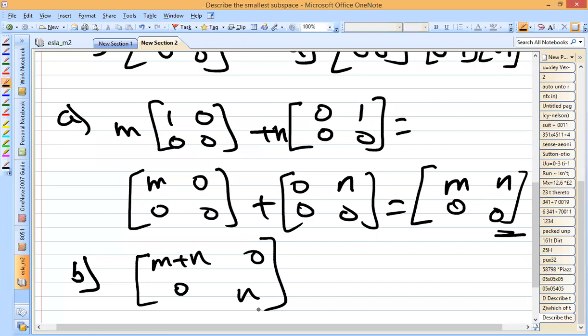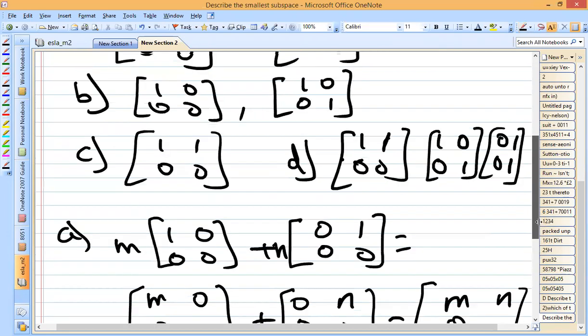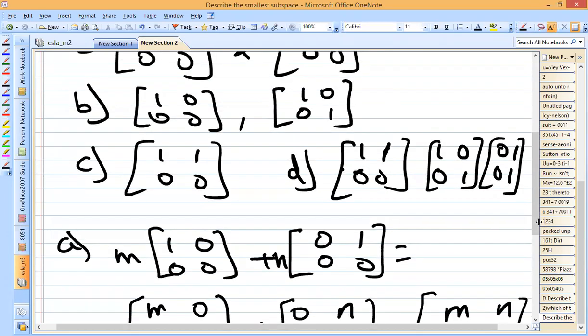And next, for the third one, I'll just show the matrix C here, 1100. Simply multiply it with m, that's it. Since we have only one matrix, get the smallest subspace for this.